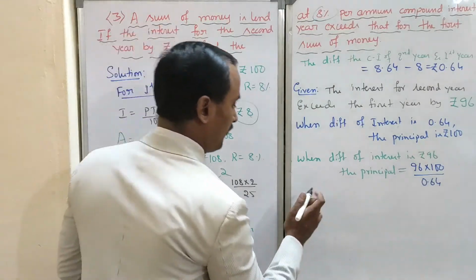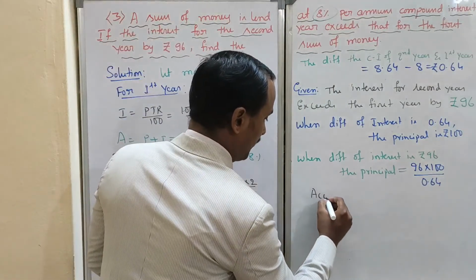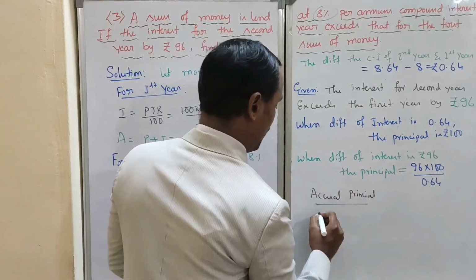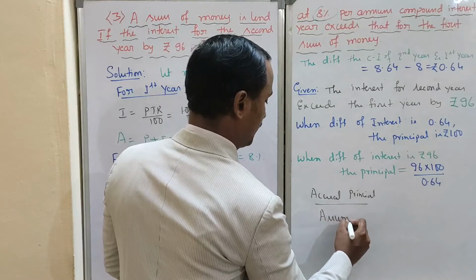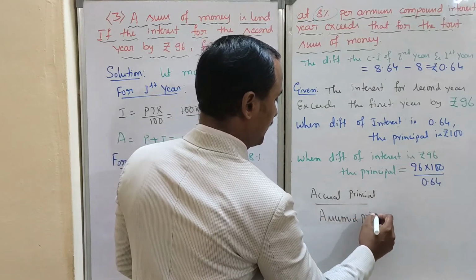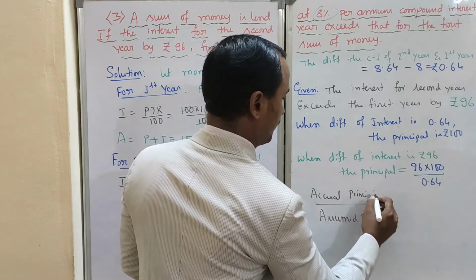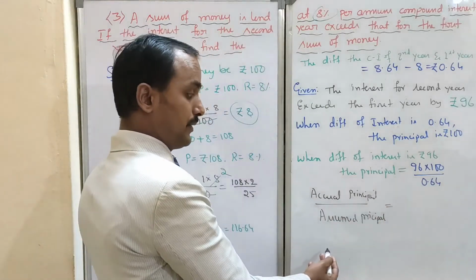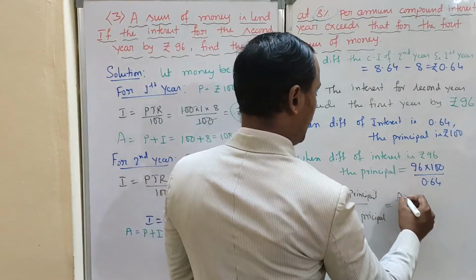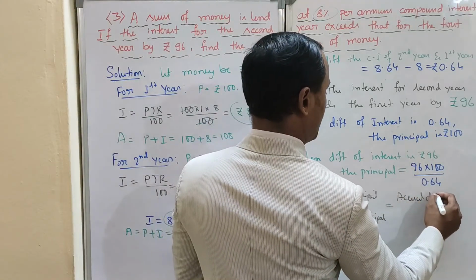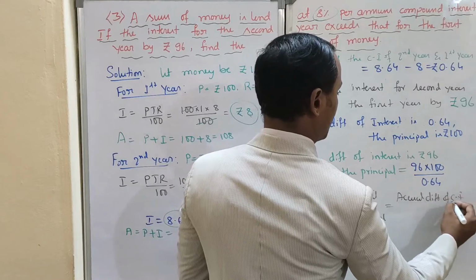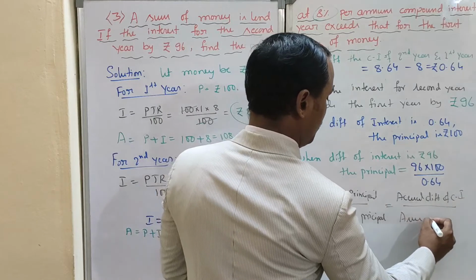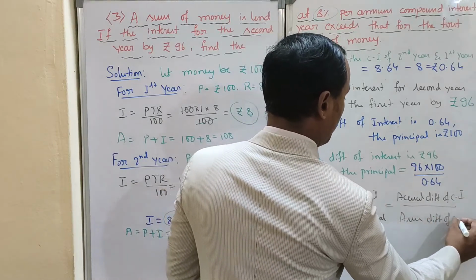Look here. Actual principal by assumed principal is equal to actual difference of compound interest by assumed difference of compound interest.